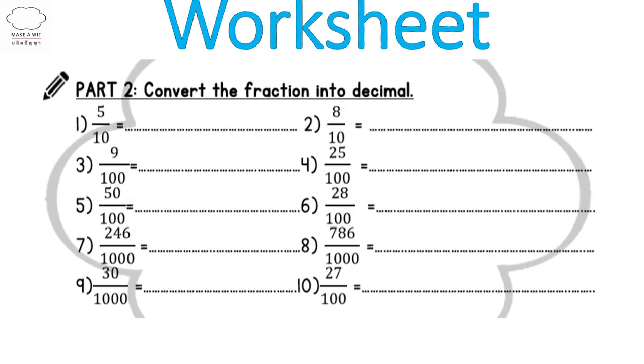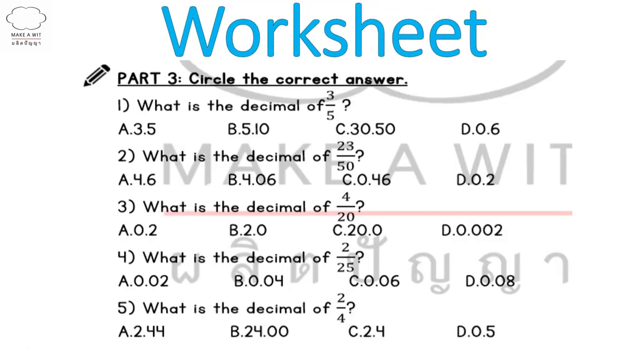And next one, part number 2. Look at part number 2. Convert the fraction into decimal. Oh, very easy. Let's try. Number 1 to number 10, 10 items equal to 10 points. 5 over 10 equals blah blah blah. Very easy, okay? And ta-da!